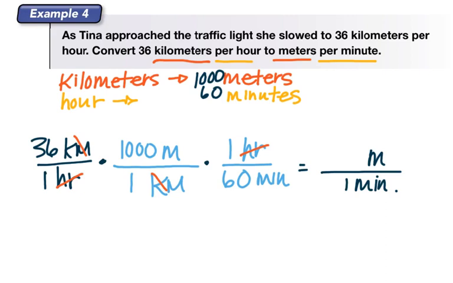Now I can go back and look at everything I haven't crossed out and start to do the math. 36 multiplied by 1,000 meters.